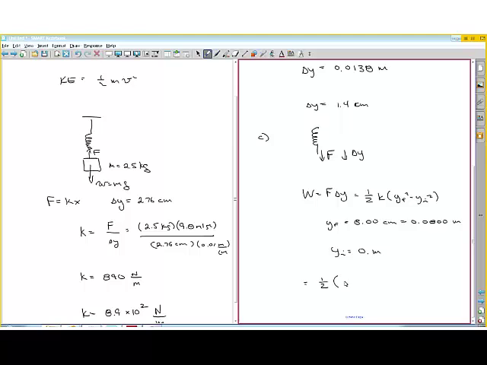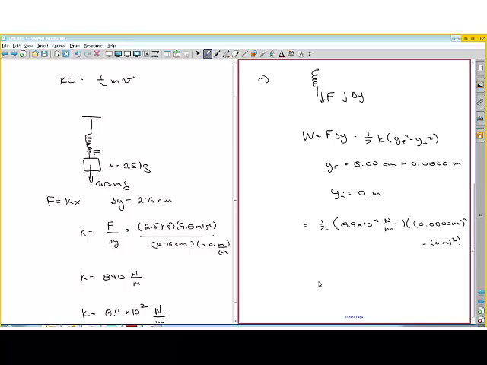So the work is 1/2 k, which is 8.9 times 10 to the second Newton per meter, times 0.0800 meters squared minus 0 meters squared.